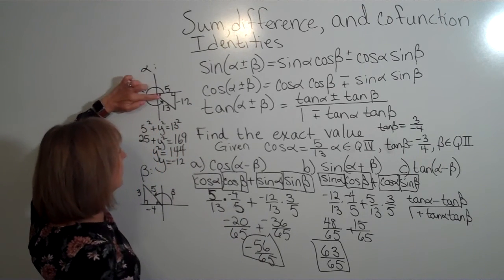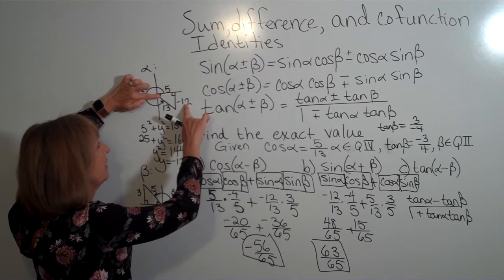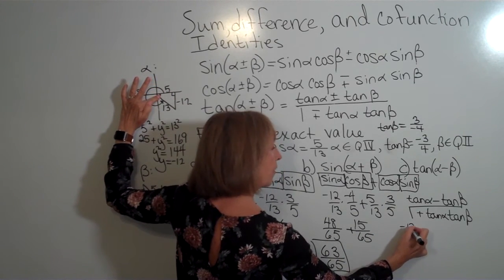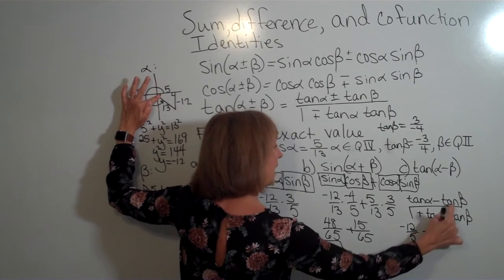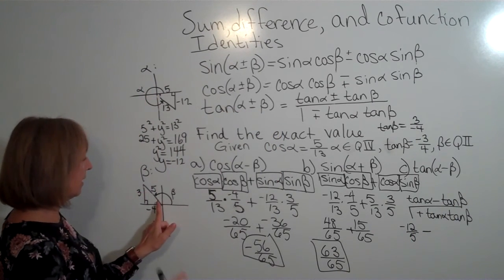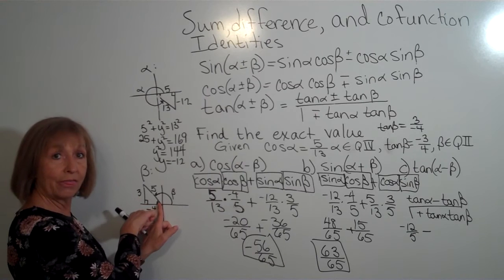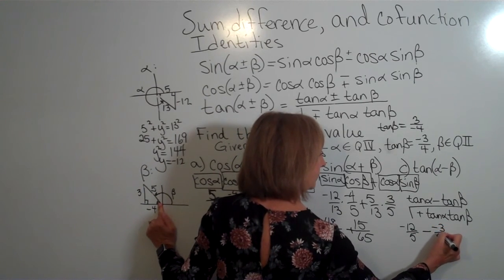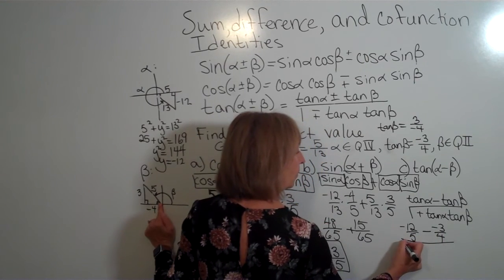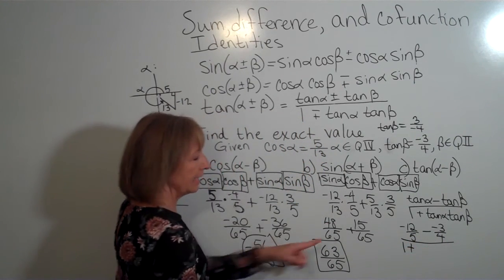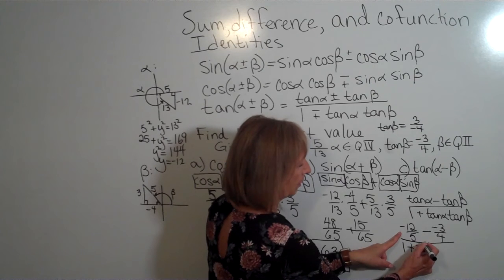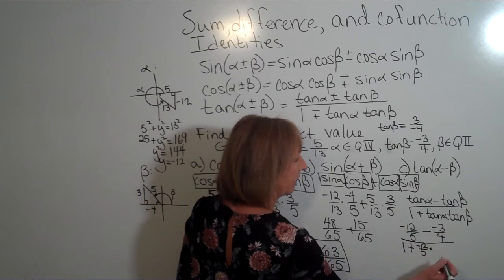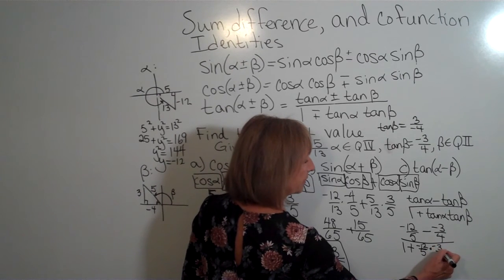Tangent of alpha is opposite over adjacent, so negative 12/5 minus tangent of beta, which is negative 3/4, over 1 plus tangent of alpha, negative 12/5, times tangent of beta, which is negative 3/4.